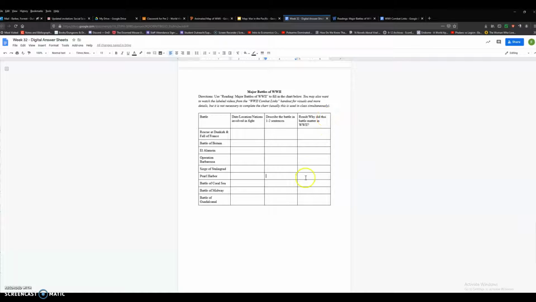Now, the result, why does this matter? So for Pearl Harbor, for instance, I would say the result is U.S. fleet is damaged, although notably, as it will say in the reading, the U.S. fleet was not actually damaged as badly as the Japanese had hoped. But more importantly, why does it matter? United States enters World War II. This is the beginning of the end of the war.